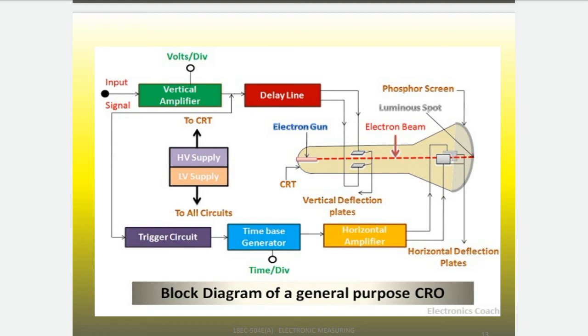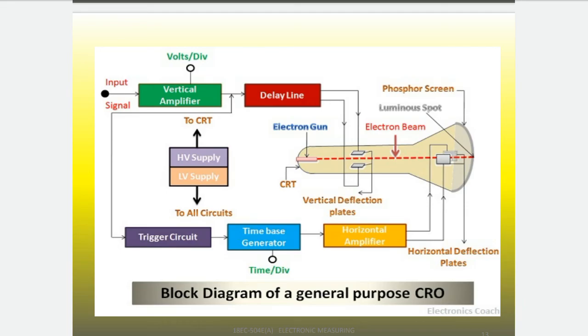The amplified input signal is given to the trigger circuit, and then to the time base generator, and from the time base generator to the horizontal amplifier, and the horizontal amplified signal is given to the HDP, that is the horizontal deflection plates.